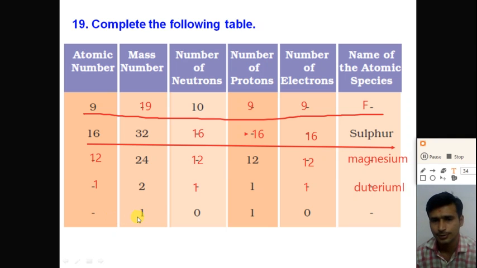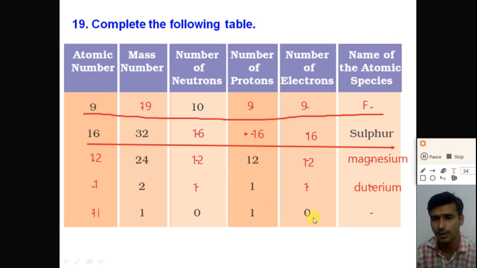Here it is given that the mass number is 1, number of neutrons 0, number of protons 1 and number of electrons 0. So here the number of protons gives the atomic number. So atomic number is 1. The element with atomic number 1 and mass number 1 is hydrogen. But in this, the number of electrons is 0.